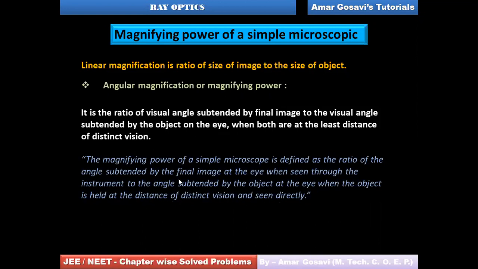These are the two angles we take into consideration for defining the magnifying power of a simple microscope. Now we will work out equations for this. Before we do that, please make a note of it and let me know.